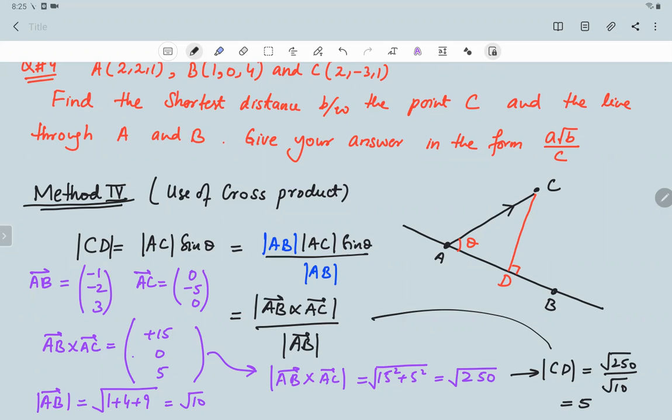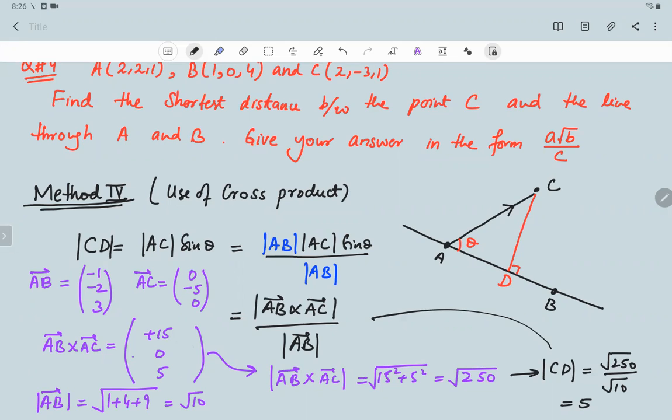AC was equal to -5, and AB was 1 minus 2 minus 1, 0 minus 2 minus 2, 4 minus 1, 3. Then let us check our cross product, plus 15, 0, 0, and then 5.